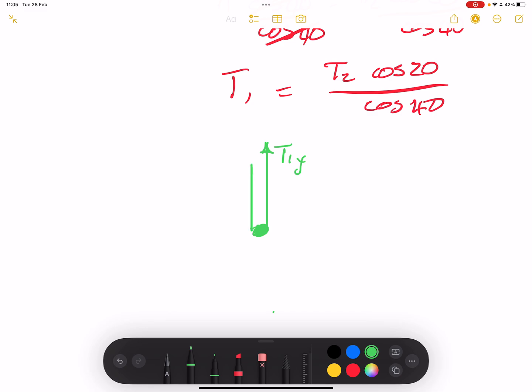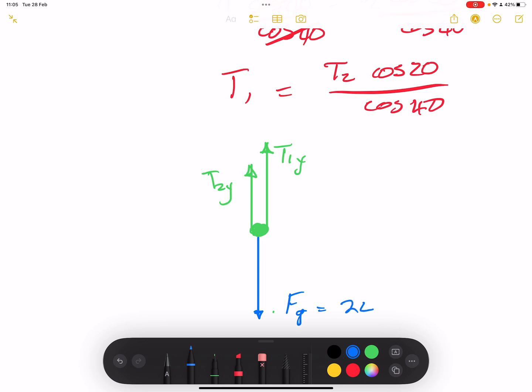I'm assuming T2y would be smaller because it has a smaller angle. And in this case, remember, we also have the gravitational force that acts vertically downwards.